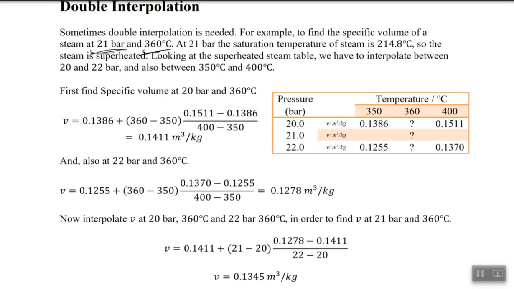So let's check it. We need to find a volume at a pressure of 21 bar and a temperature of 360 degrees centigrade.